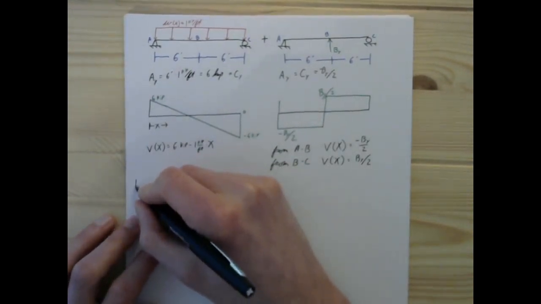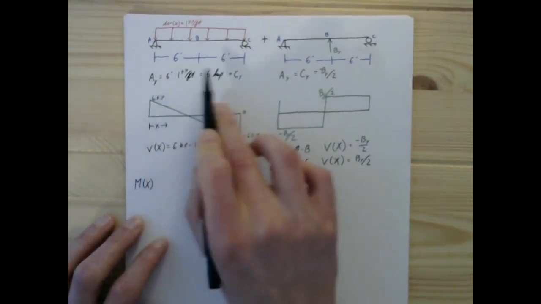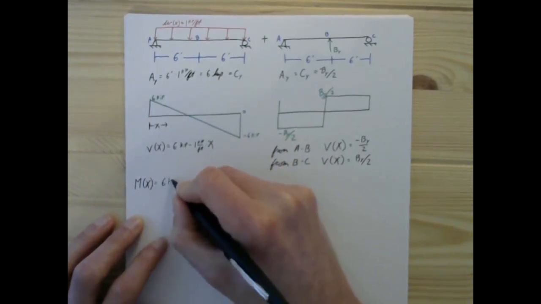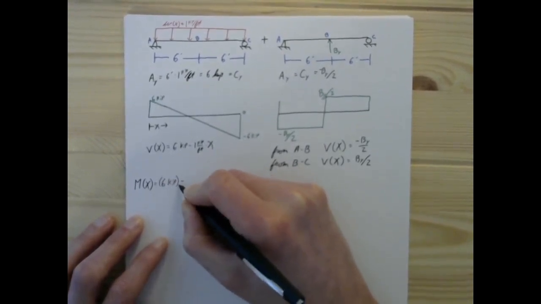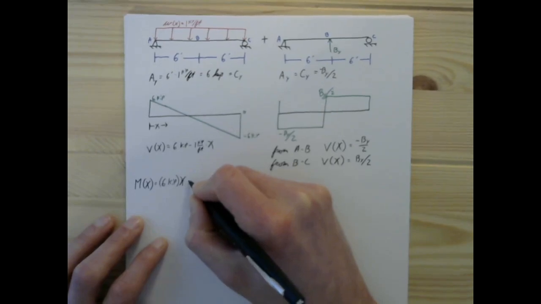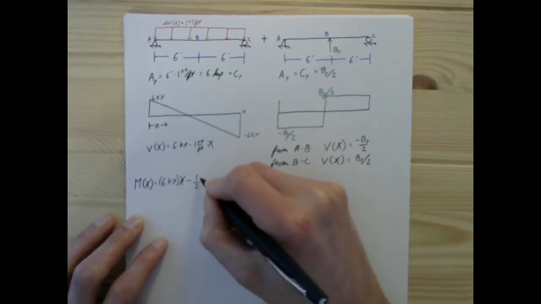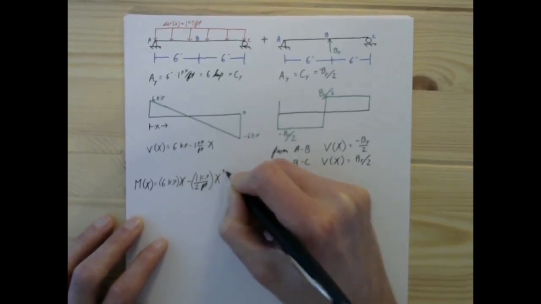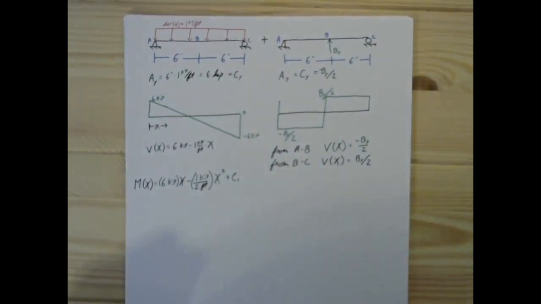All right, so the moment for this one, for the distributed load, the uniform load, is going to be 6 kips times x minus 1/2 kip per foot times x squared plus some constant of integration, C1.